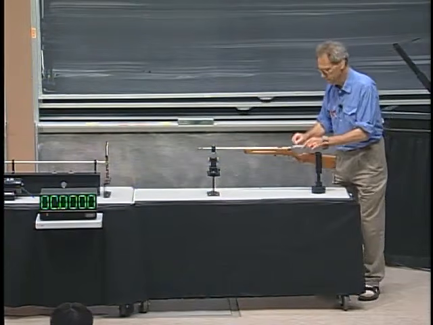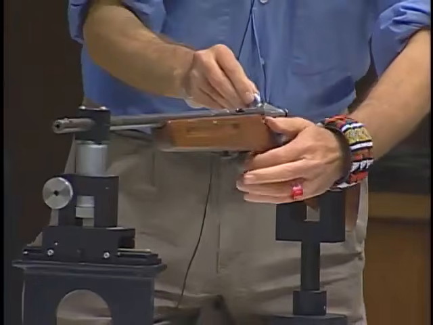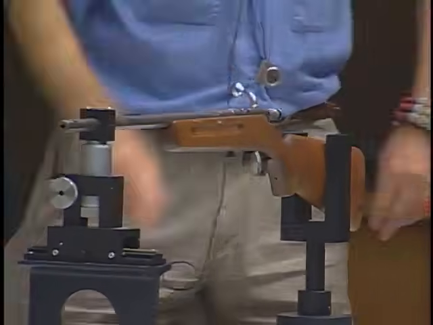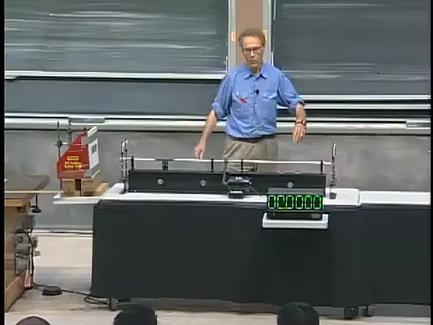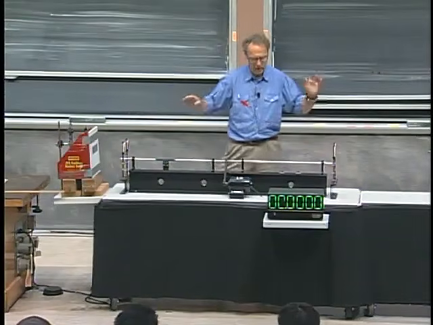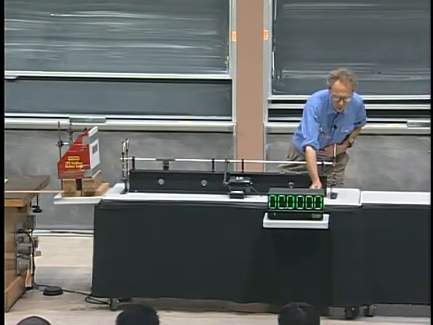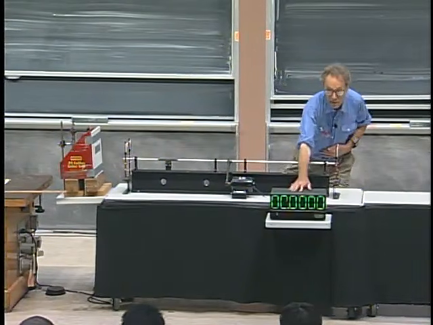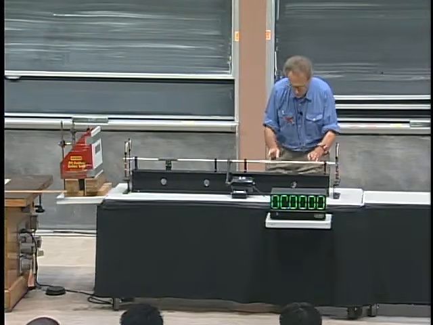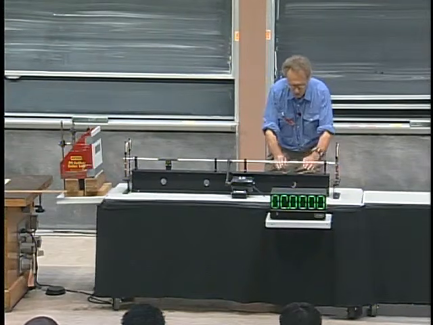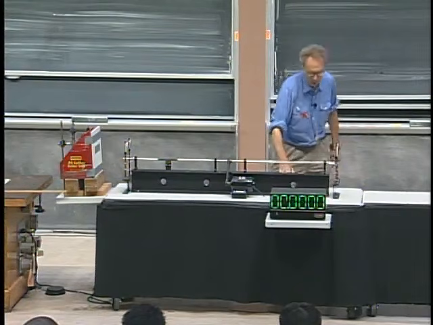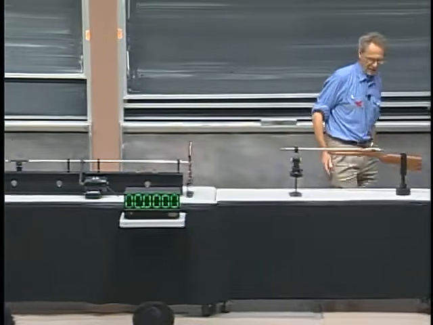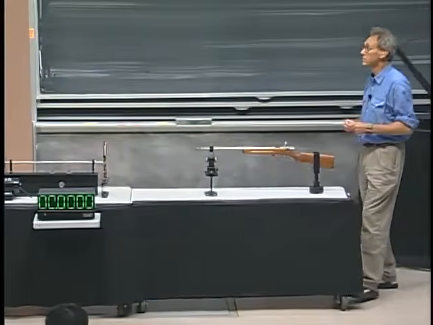There we go. It's in place. Before I do that, I want to check the circuit. I want to make sure that the electronic circuit is properly working. You see the timing here, right? So I do a small test just to see whether the circuit is working. Yeah, should be working. So here comes the bullet.